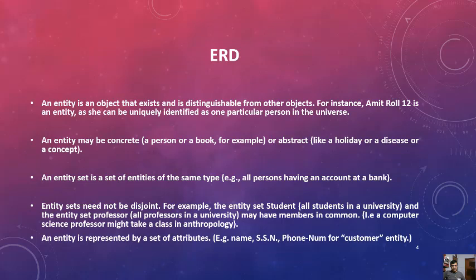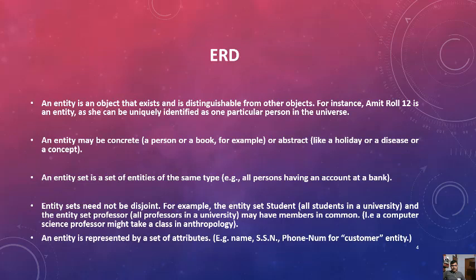For something abstract like a holiday, you can store on which date the holiday falls and why the holiday is observed. In the case of a disease, you can store the name of the disease, the symptoms of the disease, etc.